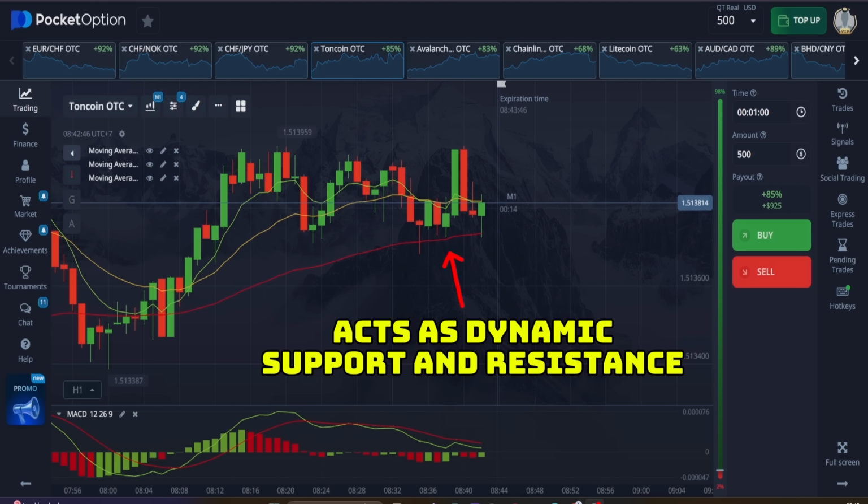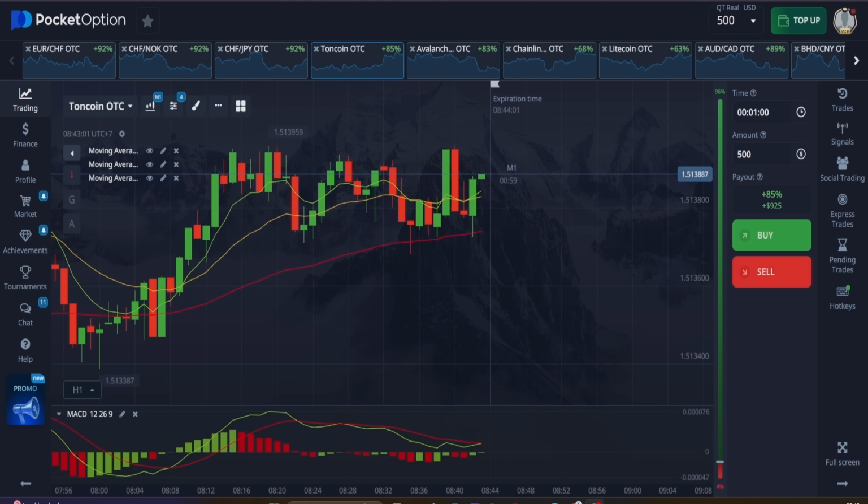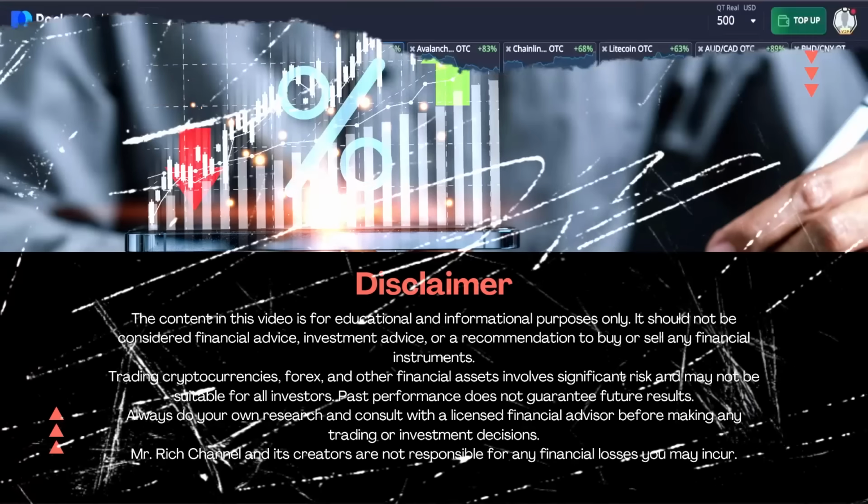The red moving average, or MA60, functions as a dynamic support and resistance level. Price reactions around this area are often significant, making it an important zone for identifying high-probability setups while maintaining proper risk management. Now let's move forward and analyze a real-time market example so you can clearly see how this strategy performs under live trading conditions.